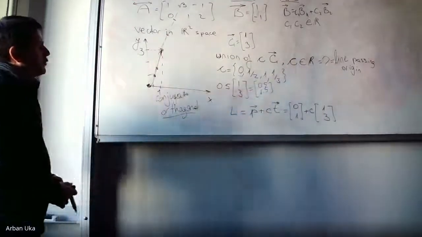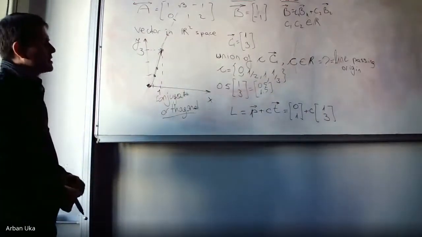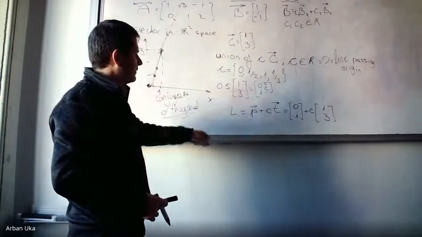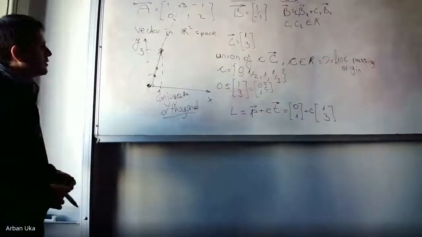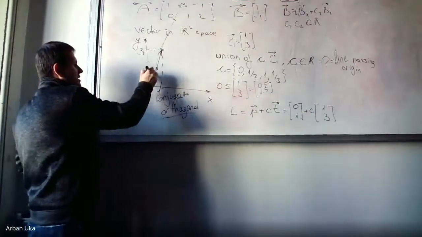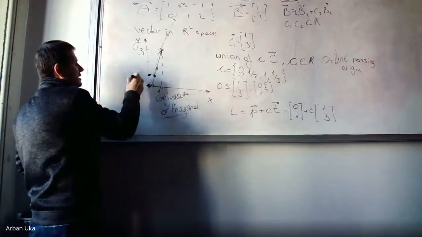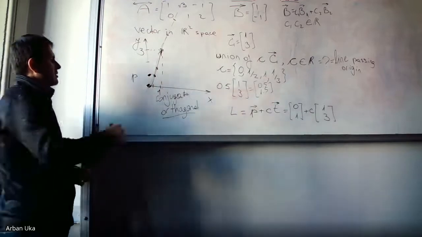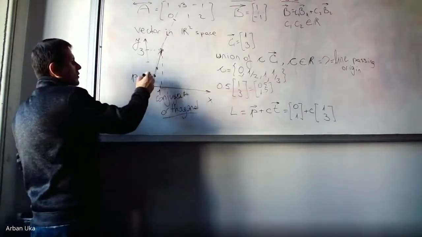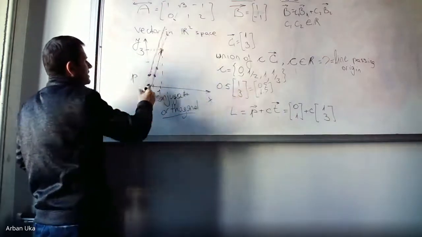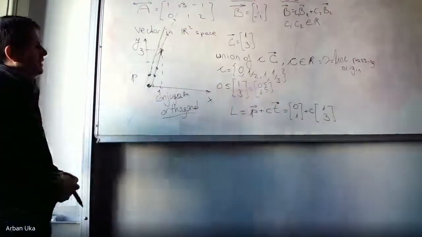Then we have to find out where we can find this line L. This line L is going to pass through this point here, the point (0, 1), and we have the same line with the same slope, but passing through this other point.